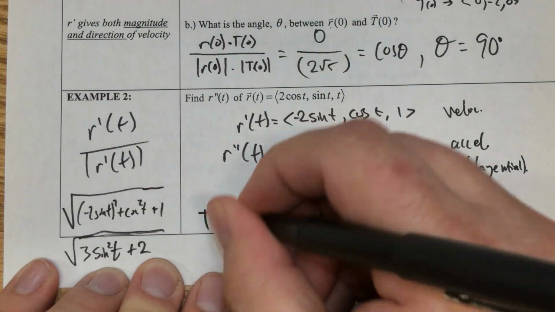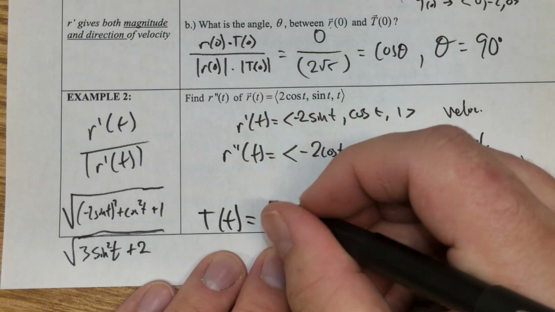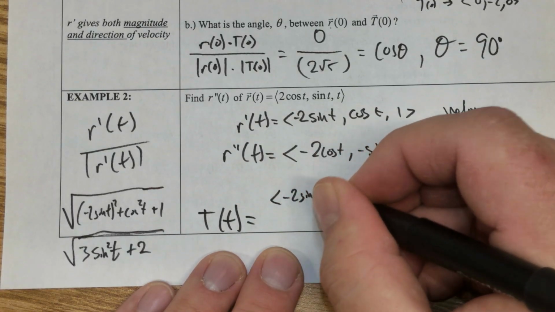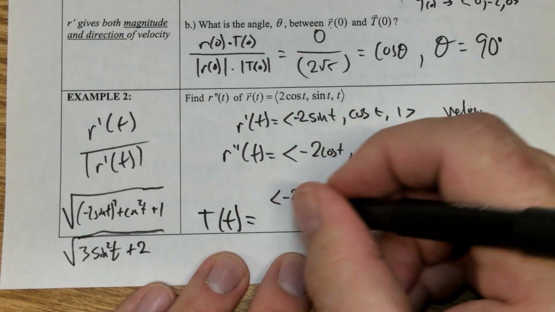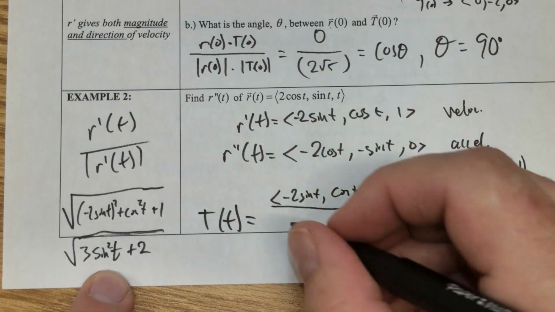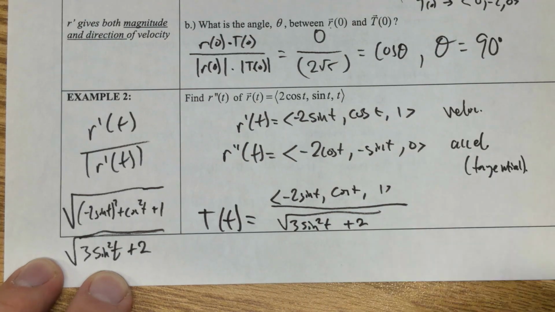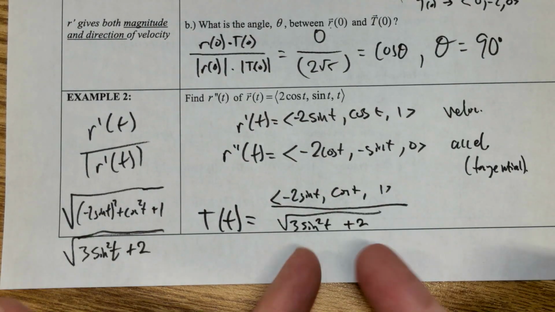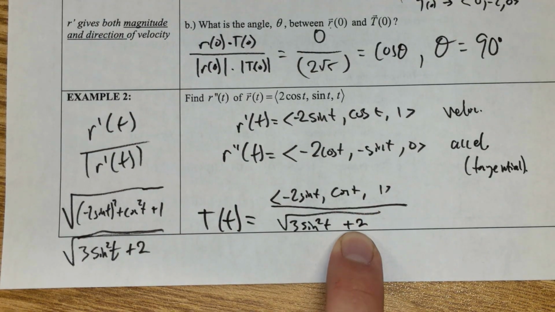So if I wanted to build a true T of t, I would get this negative 2 sine t, cos t, 1, my r prime, and I would divide it by this magnitude, 3 sine squared t plus 2. So that means each and every component gets divided by that magnitude.